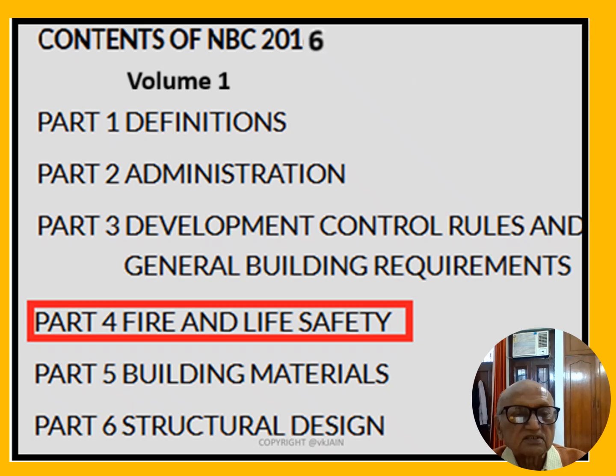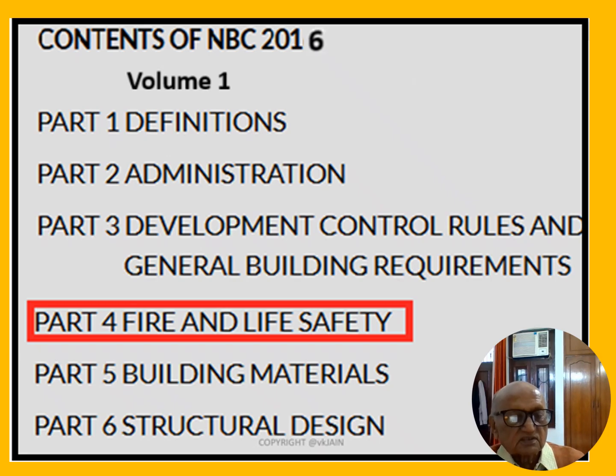In volume 1, we have part 1 giving definitions of terms to be used throughout the building code. Part 2 dictates administrative requirements. Part 3 provides the detail of development control rules and general building requirements.